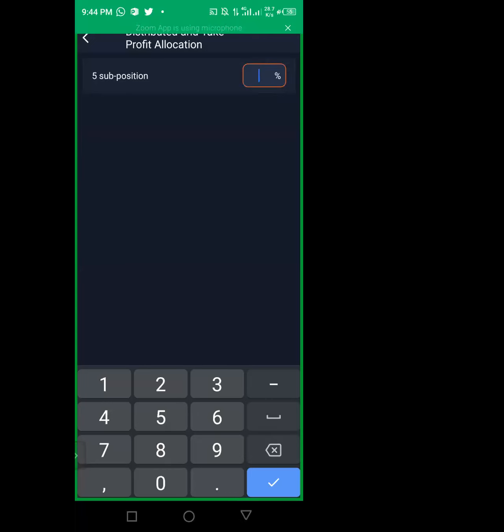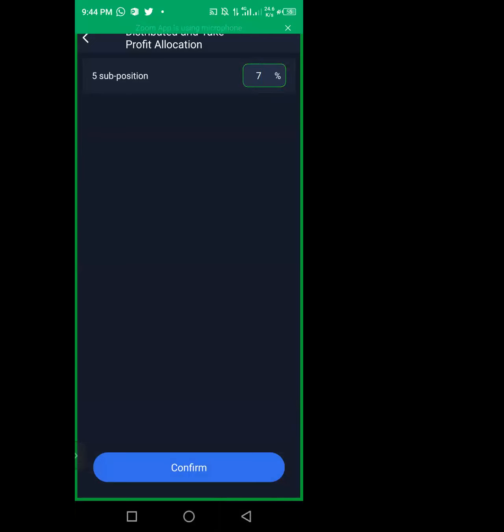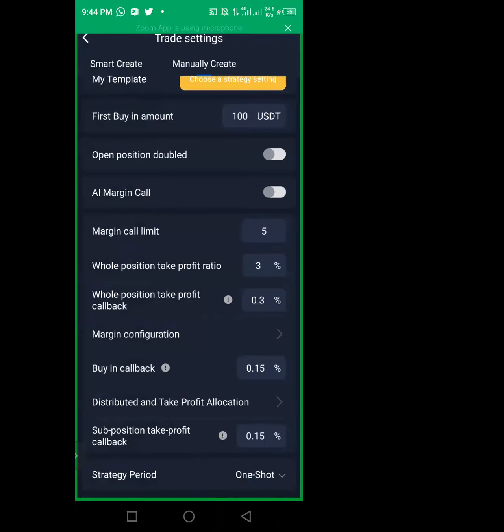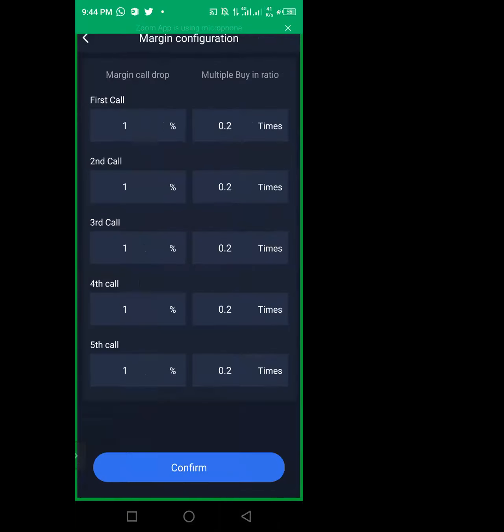You can put it at 7. You understand? 7. You can put this fifth position, this your fifth margin, to sell and give you 7% profits. Yes. Since 1 plus 1 plus 1 plus 1 plus 1 is 5.